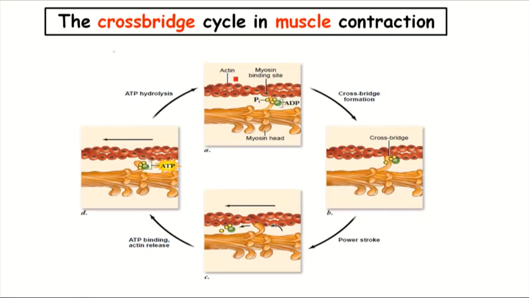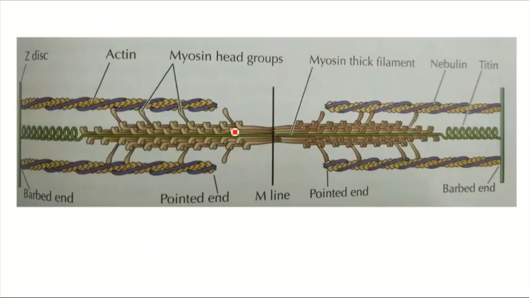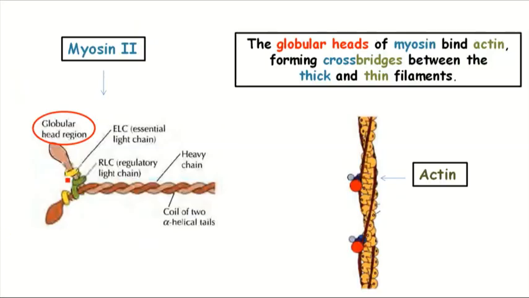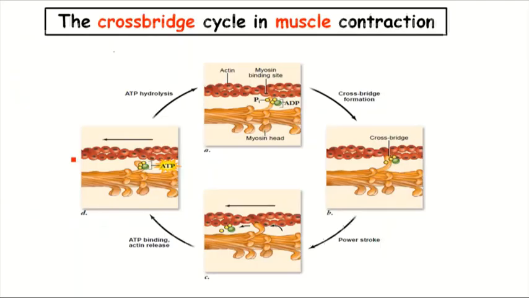First, ATP hydrolysis occurs, and the globular head region of myosin moves to the energized state. It can bind actin, the cross bridge forms, then the power stroke.